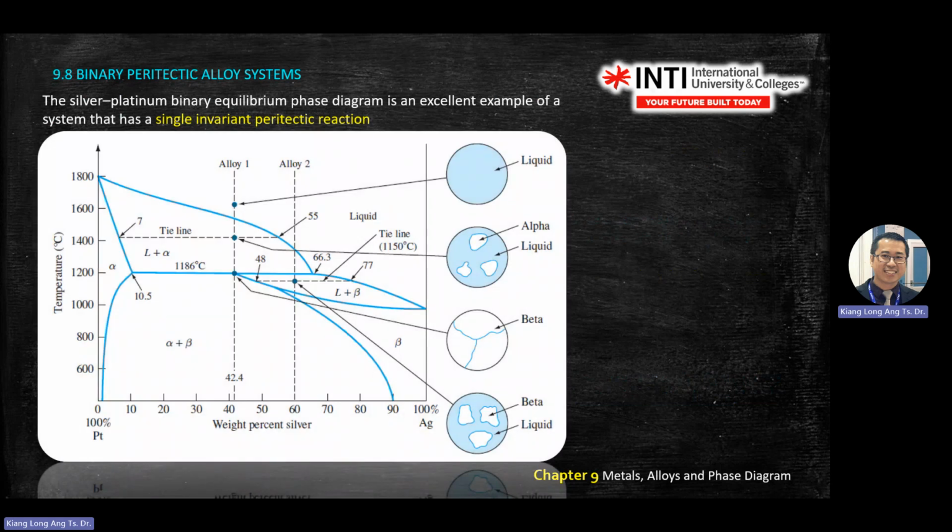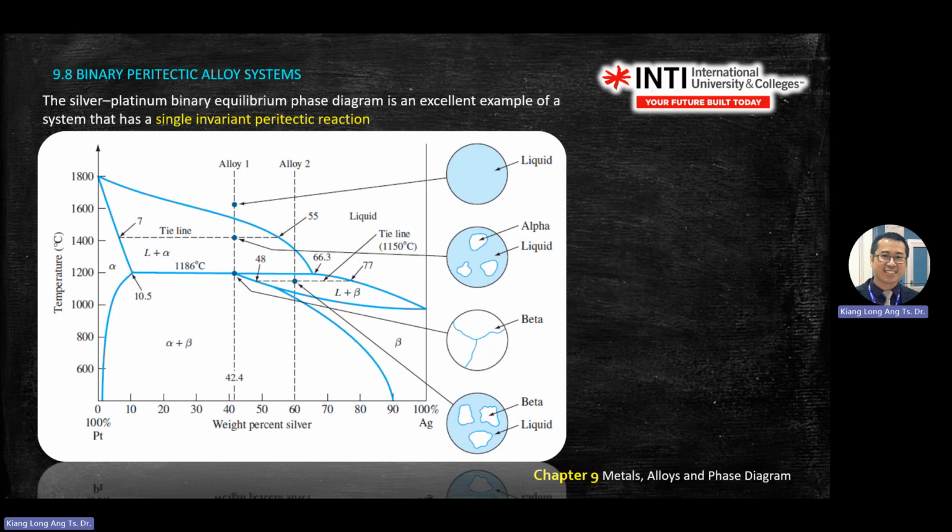Okay, so this is another diagram for silver and Pt, platinum. This one is a phase diagram for silver, 0 to 100% silver, Ag. So all these we call a state diagram or equilibrium diagram.